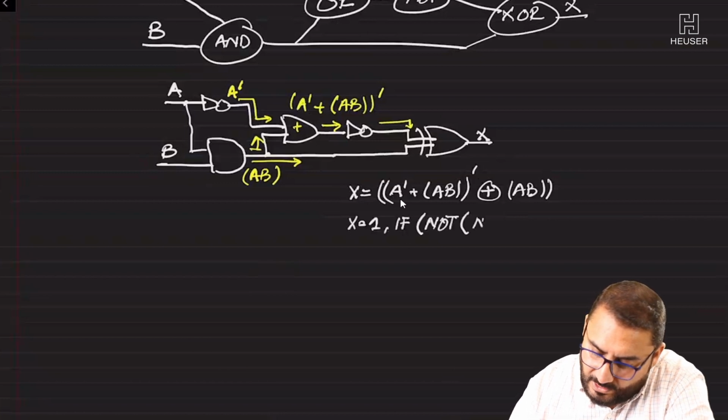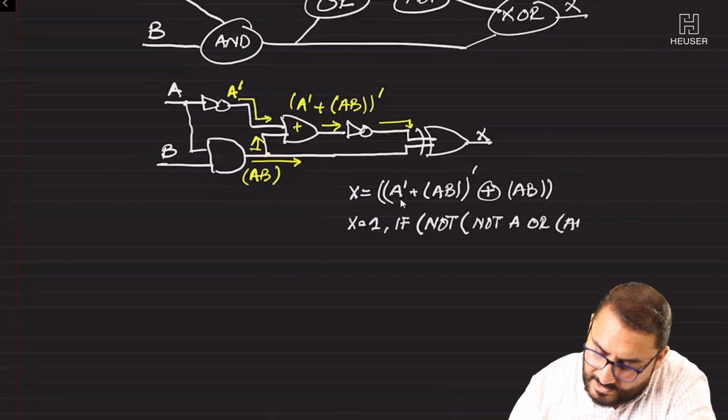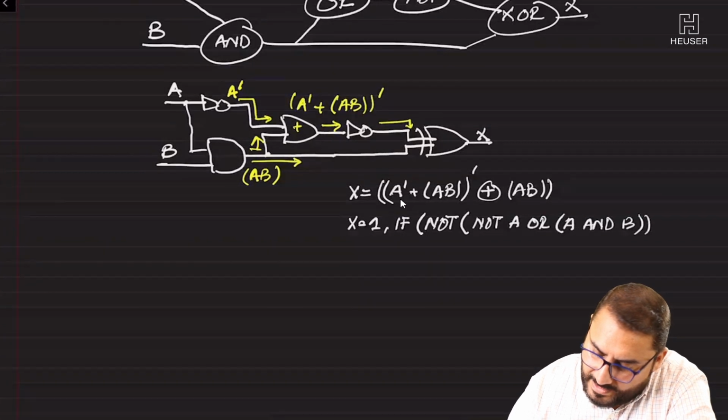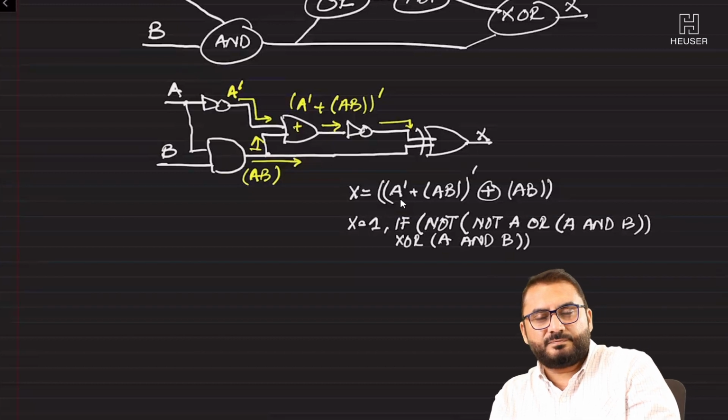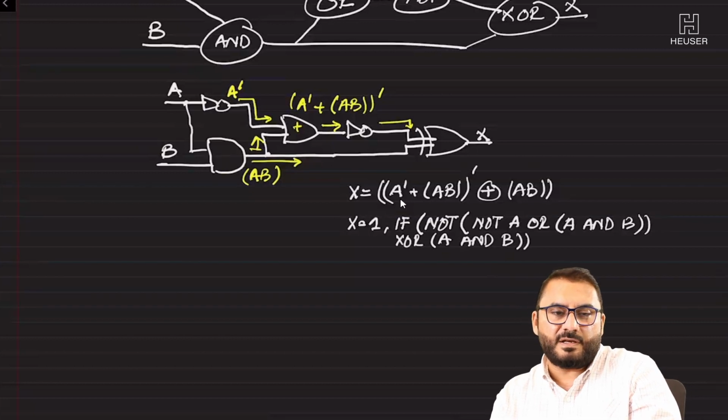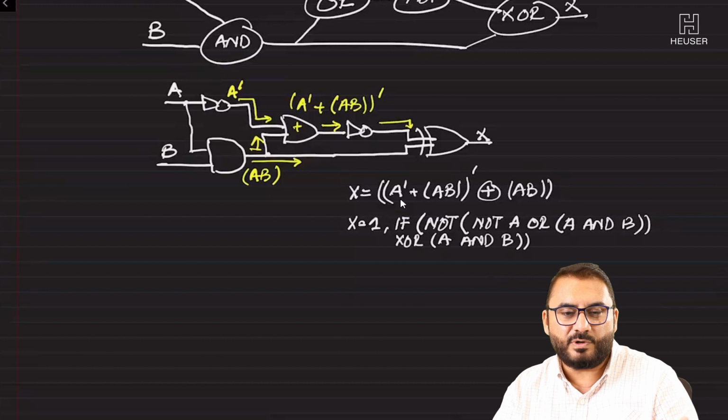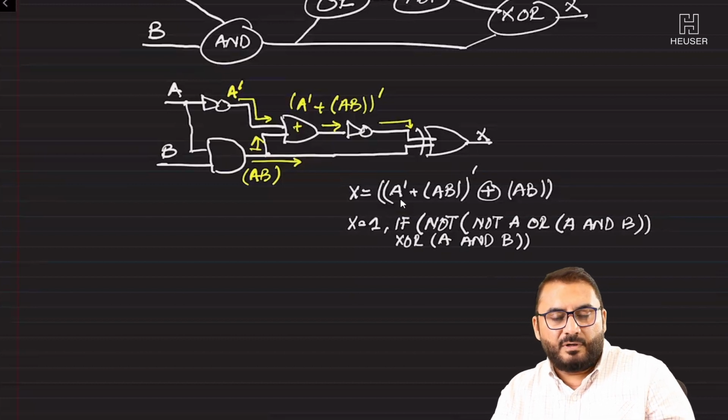Not bracket start, not A, or bracket start A and B, bracket over, exclusive OR. Yes, you can write it in multiple lines, it does not matter. A and B, bracket over. So this is how we create proper circuits and read them into equations, and from equations or the circuit we create logical expressions or Boolean expressions.